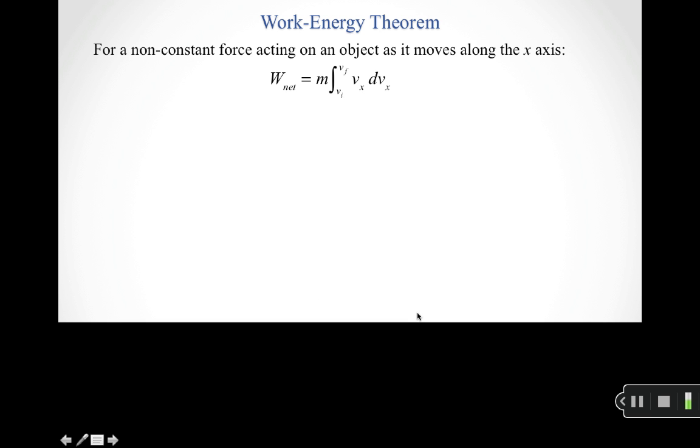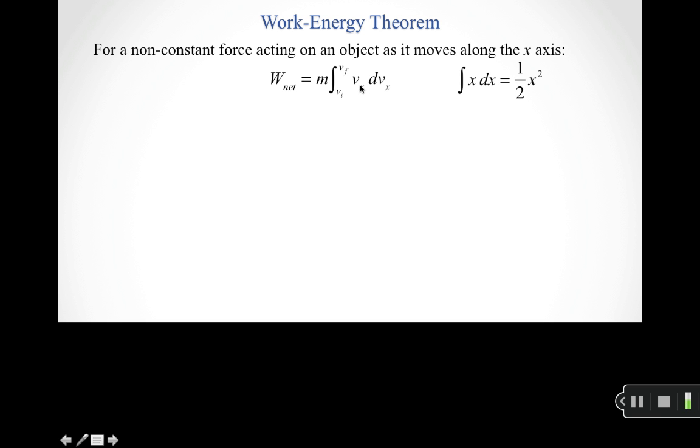And so if I want to go ahead and do that integral, this may not look like something we know how to deal with, but if I were to replace all these velocity terms with x terms, we probably would recognize that the integral of x dx is nothing more than 1/2 x squared.